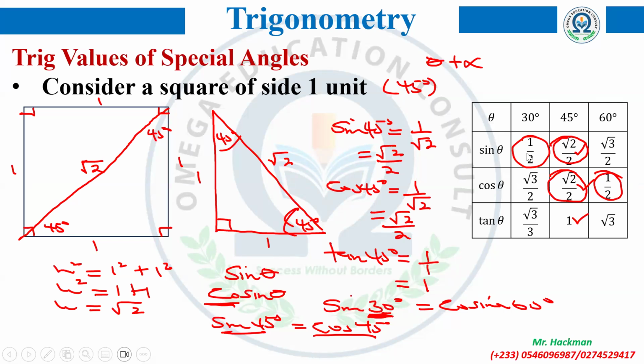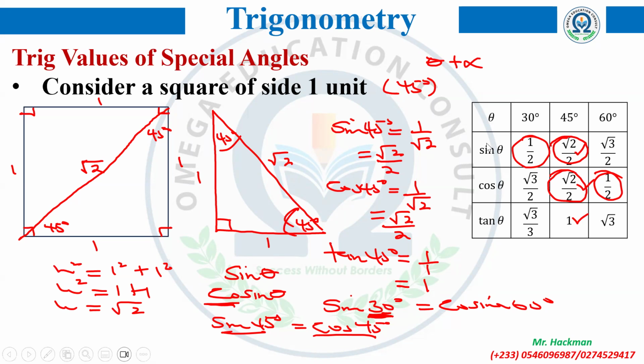If I know sine 45, I know cos 45. If I know sine 60, I know cos 30. And if you study it carefully, you can see that when you come here, it's like you are writing backwards from here.